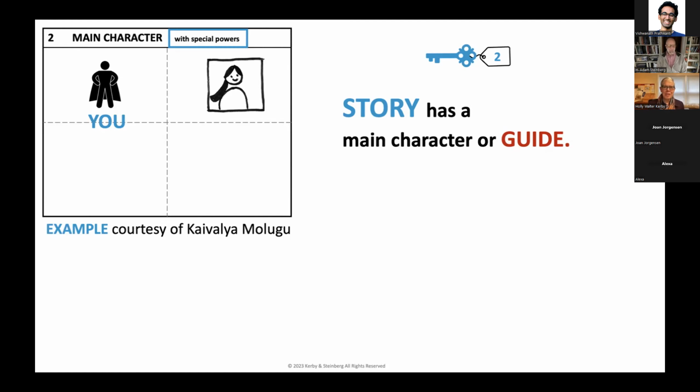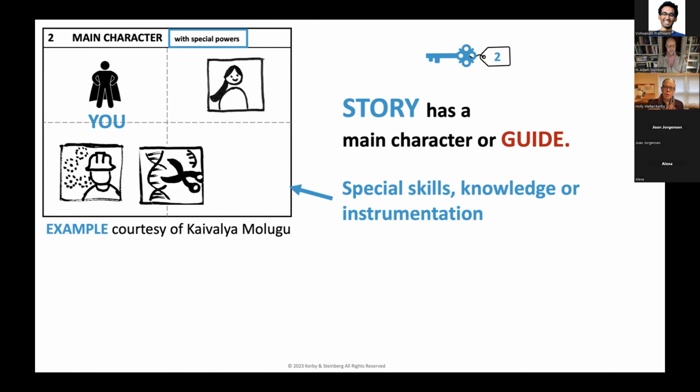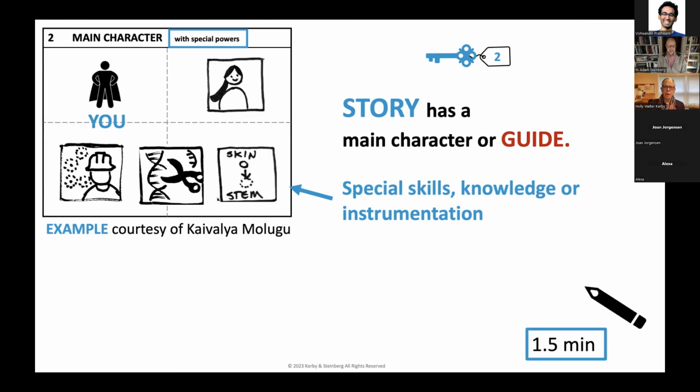Well, you couldn't just pull someone off the street to do your research. You have special powers, things like skills or knowledge or instrumentation or a role in your lab. And this is what Kavlia drew. She said she was a stem cell engineer. That was her role. She was adept at using CRISPR, and she was also an expert at reprogramming skin to stem cells. And we give people a short period of time to do that.